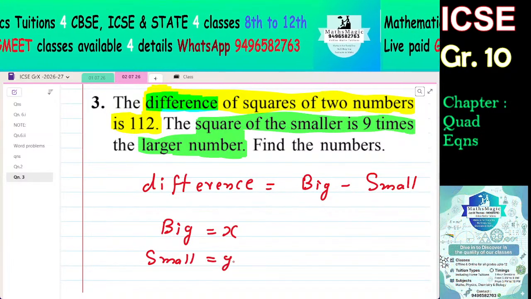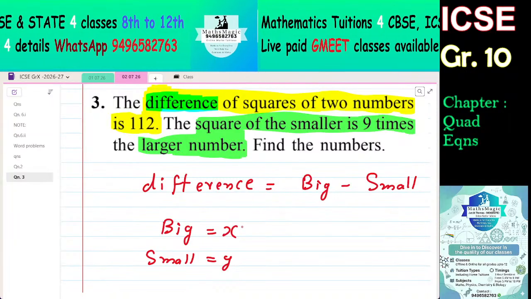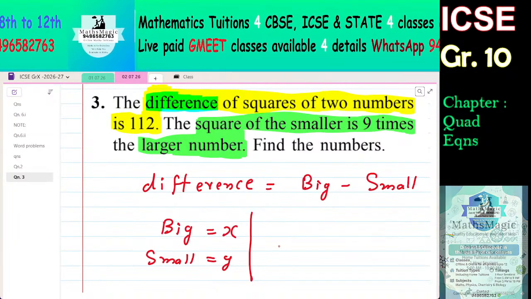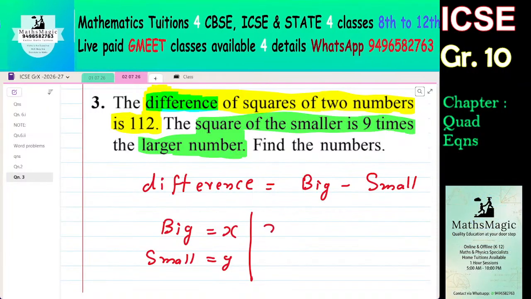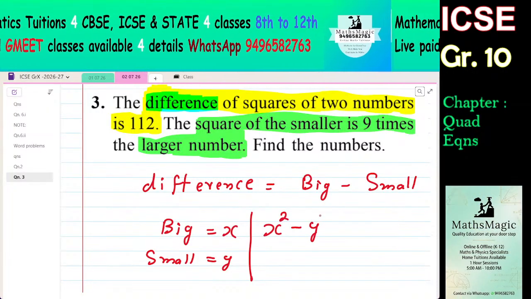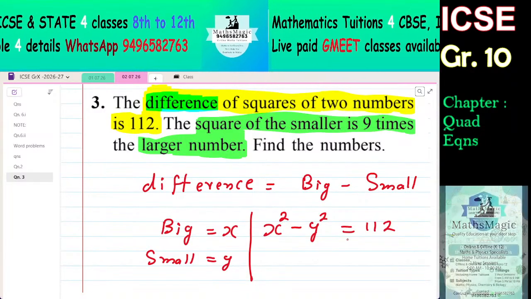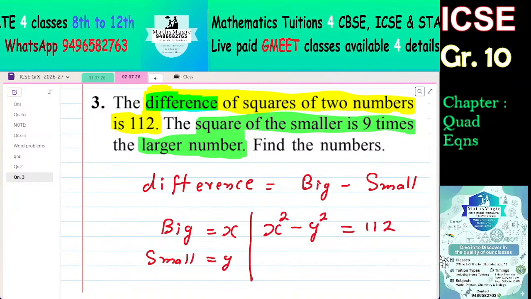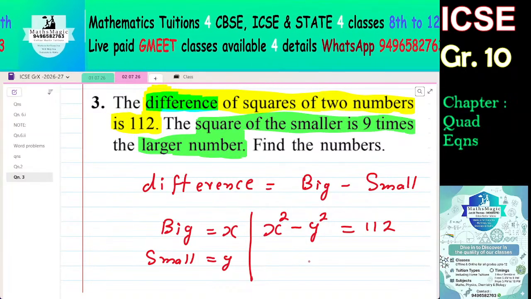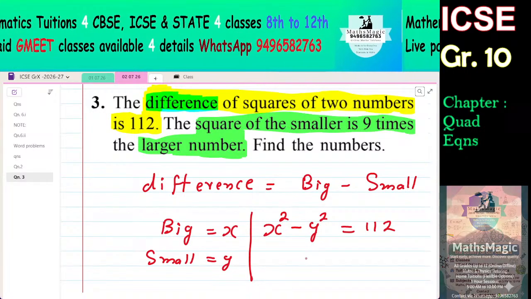Since most of you have done like this, I'll just show you. So from the first condition, you will get the difference of squares of two numbers. So if x is big, x squared is also bigger than y squared. The square of the smaller, y squared, is 9 times the larger number.